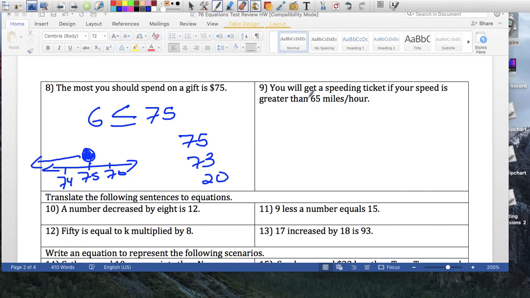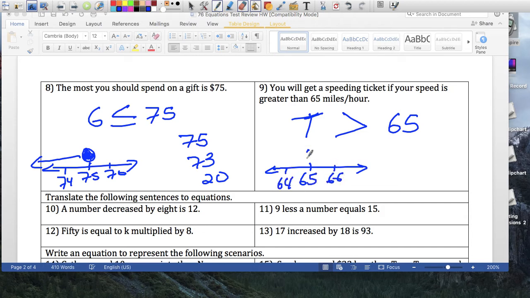You will get a speeding ticket if your speed is greater than 65 miles. So here's my ticket, and 65. When will I get a ticket? If it's greater than 65. Will I get a ticket if I drive at 65? No, it has to be greater, so no equal sign here.